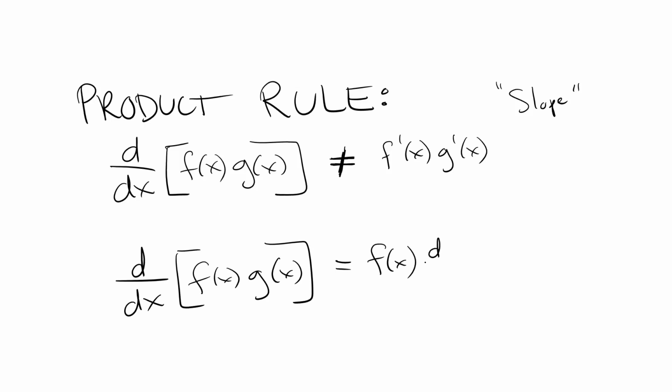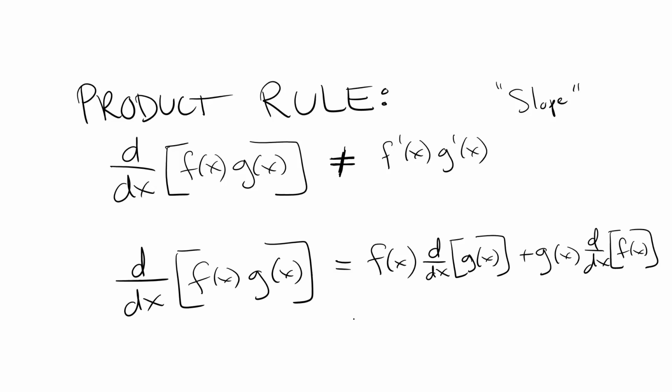And then what we do is we take the derivative of the second function, plus, then what we do is we have the second function and the derivative of the first function. Whoa, that seems really crazy here. Another way to write it, maybe easier way to write it is first function, then we have g prime, then we have g, and then we have f prime.